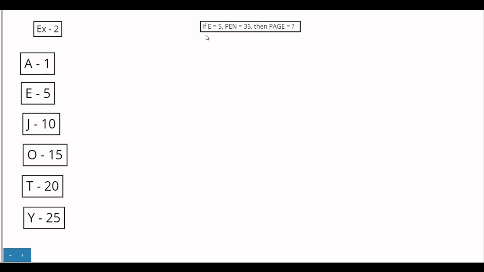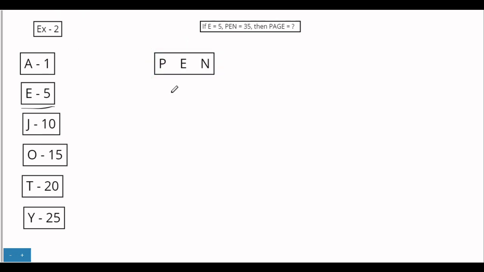They also said that E was 5 and E is also 5 in the actual correspondence. So that means P and N will also be their actual correspondence. If they said E was 6 or if E was 7, then P and N would have had to add two more numbers to their corresponding numbers.